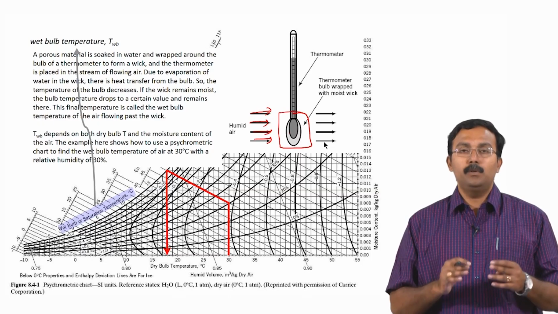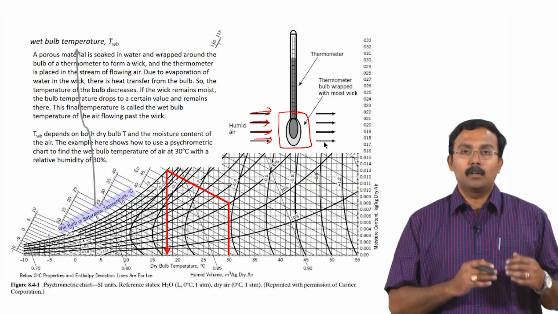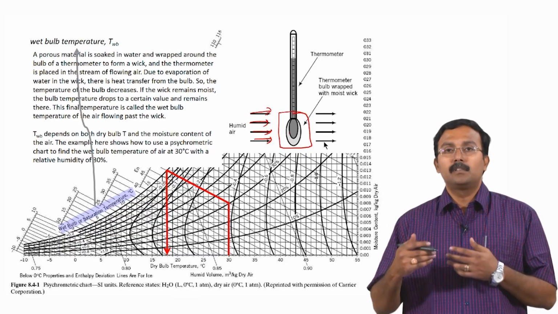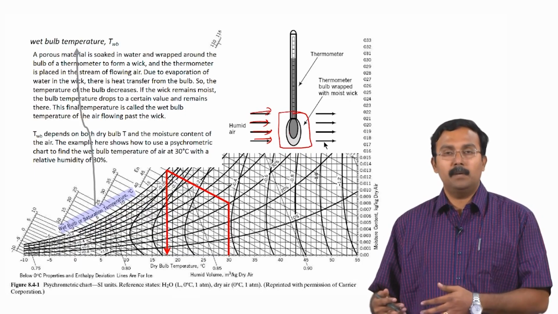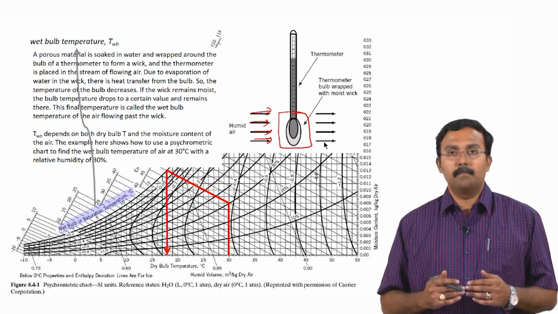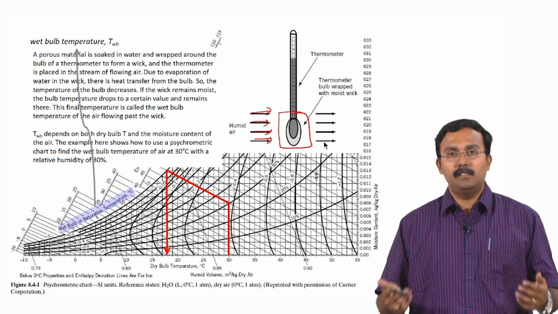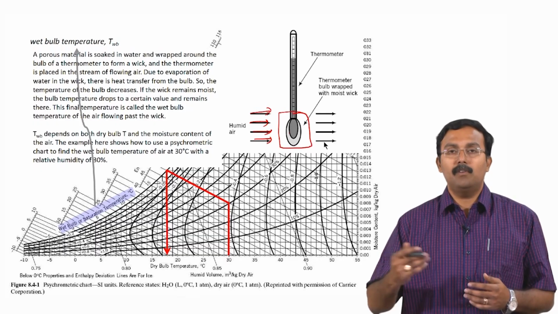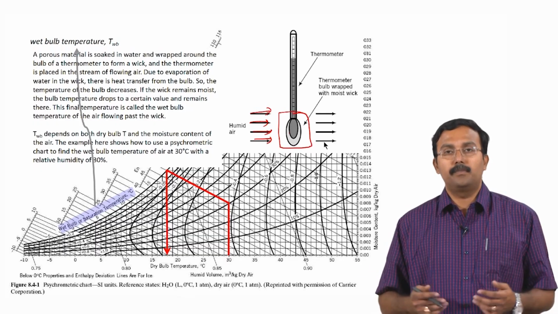That is why clothes dry slowly on a rainy day compared to a summer day, even if the temperatures are the same, because the humidity is different, which means the time taken for the moisture to evaporate would be different.